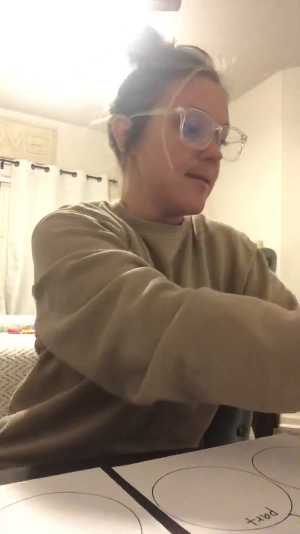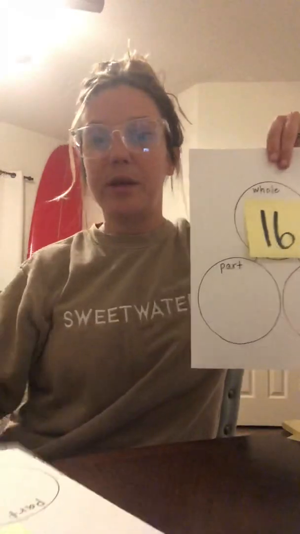So first thing that I'm going to do is I'm going to make sure I add my whole 16 to each chart. So we know there's more than one way to make 16. So the next thing I need to do is I need to get 16 things.